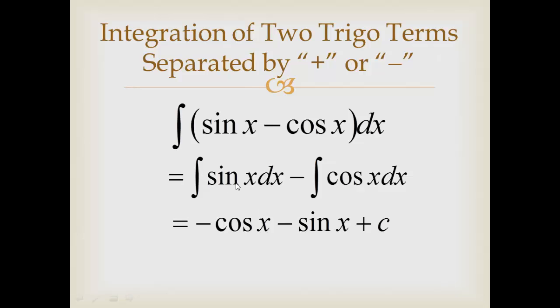So we know that integration of sine x is minus cos x, minus integration of cos x is sine x, plus c. And that's how we handle the integration of 2 or more terms separated by plus or minus.